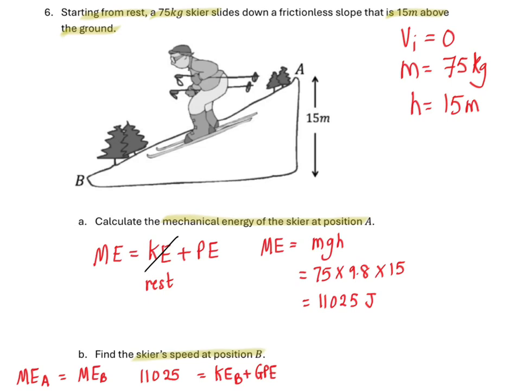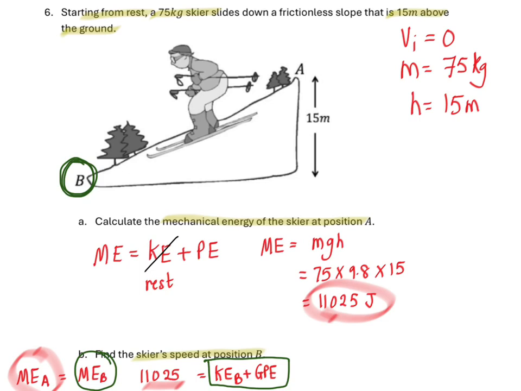What we did here is we substituted the mechanical energy for A, this number here, 11,025, and then mechanical energy at B, we are writing it as KE plus GPE, which is the formula for mechanical energy.